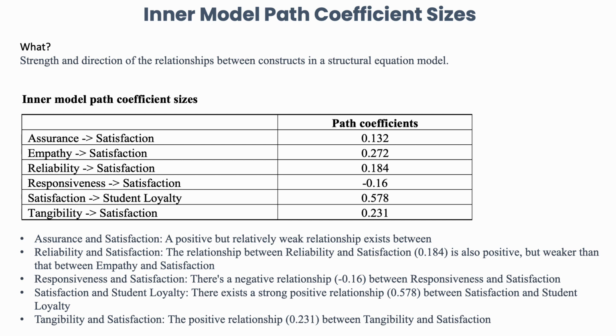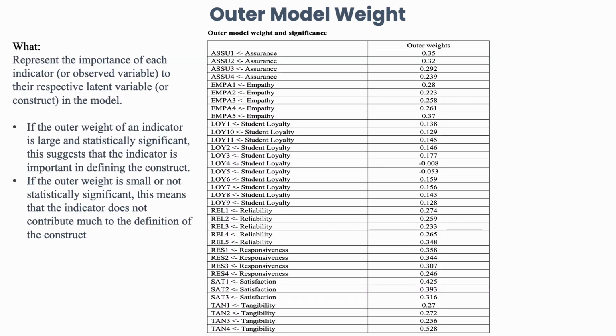Overall, satisfaction plays a crucial role in driving student loyalty, with a strong positive relationship observed between the two. These findings emphasize the importance of focusing on empathy, tangibility, and satisfaction to enhance student loyalty and improve overall service experience. Now, let's move on to the next slide.